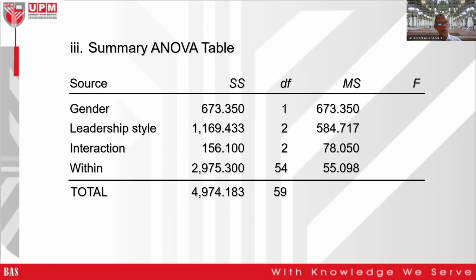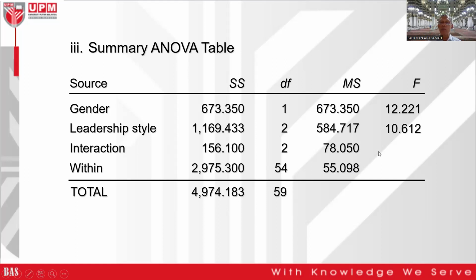Once you get these mean squares, then we should be able to proceed to calculate the F ratio. The F ratio for gender will be 673.350 divided by 55.098. That will give you 12.221. That will be the first F ratio, for gender. F ratio for leadership style will be 584.717 divided by 55.098.